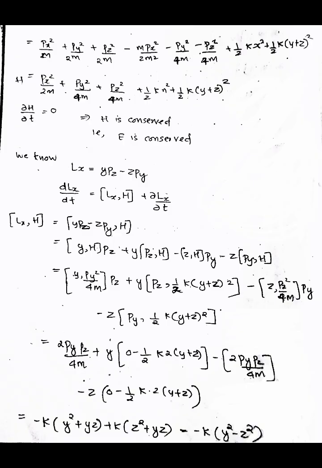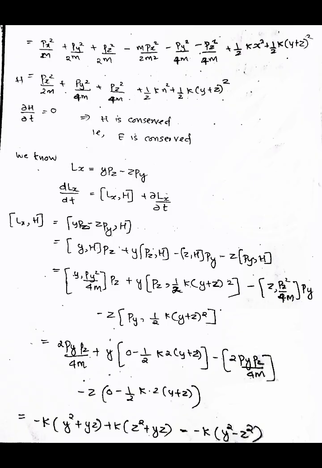That is equal to 2 py pz by 4m plus y into 0 minus half k square. This is not square, this is into 2.